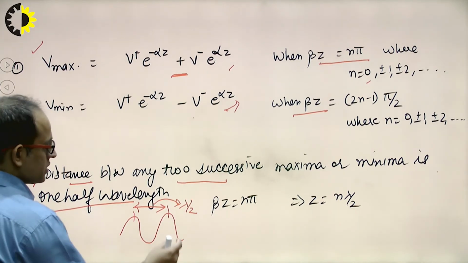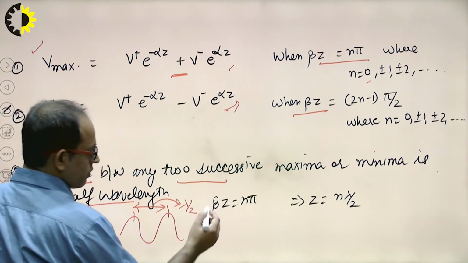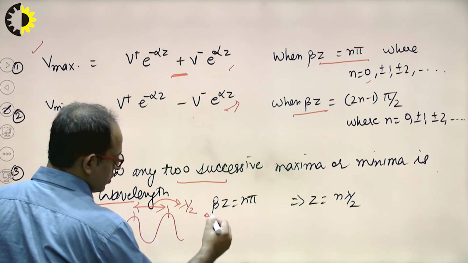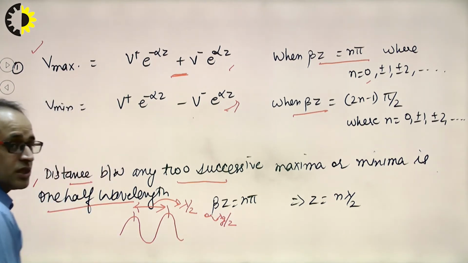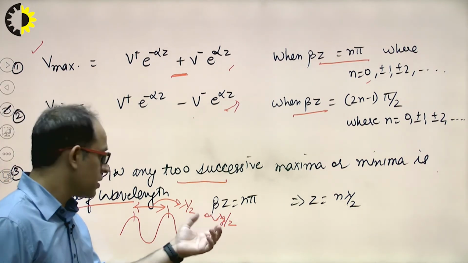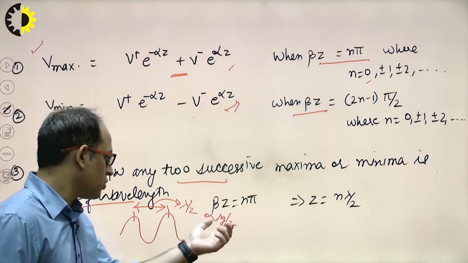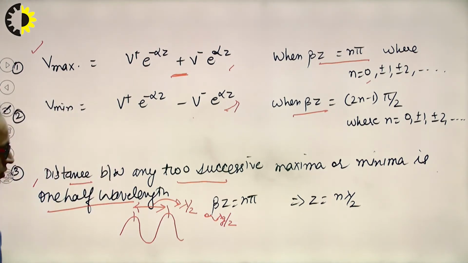Or I can say that in a microwave, it will be equal to lambda g divided by 2, if this is a waveguide. Clear? So in the waveguide, the distance between two maxima is lambda g divided by 2.